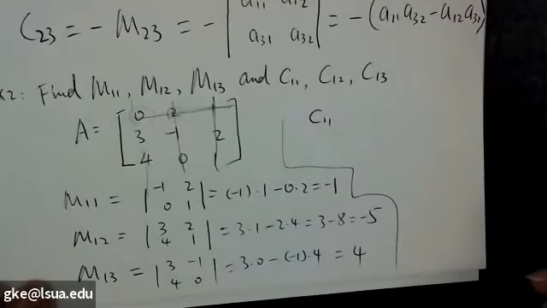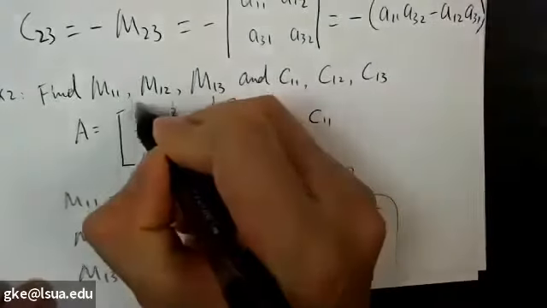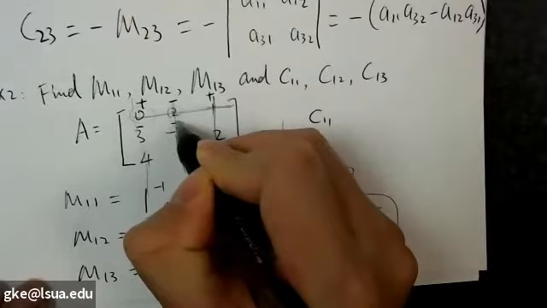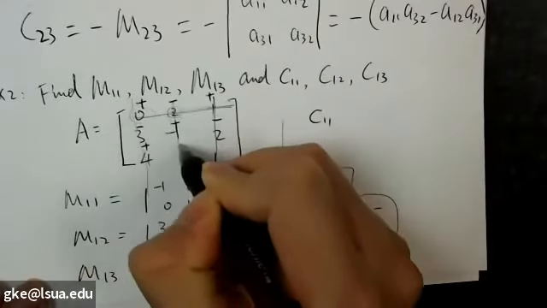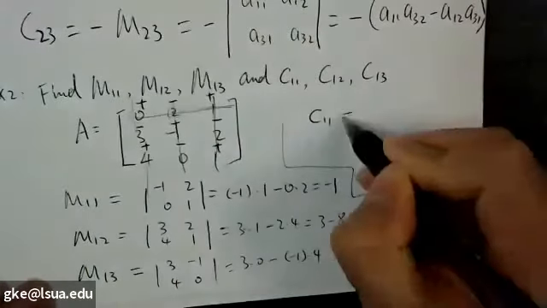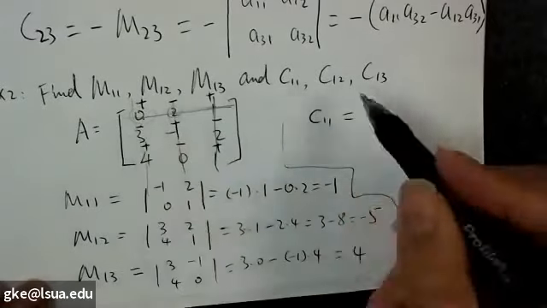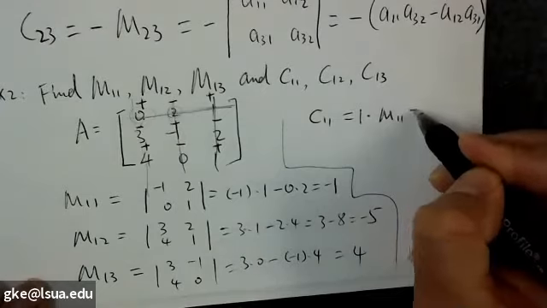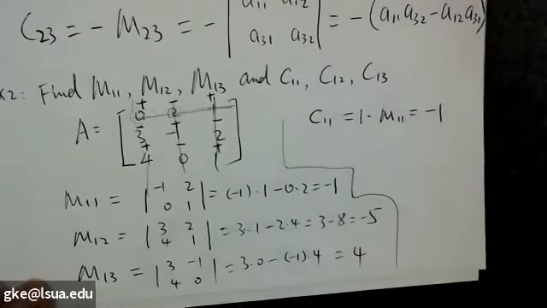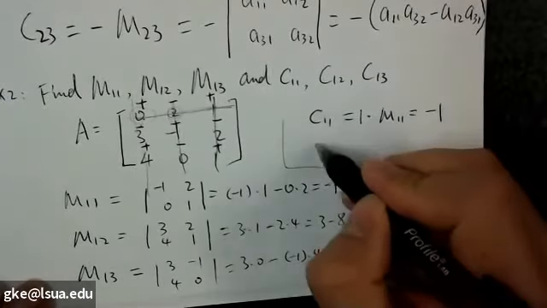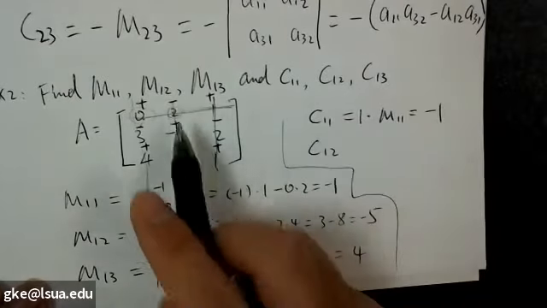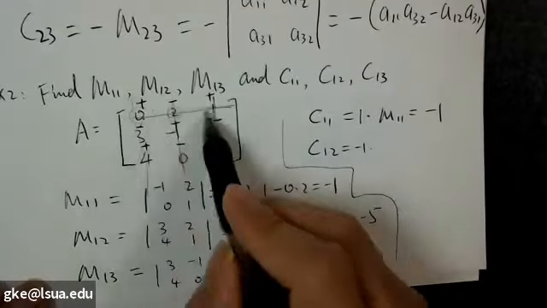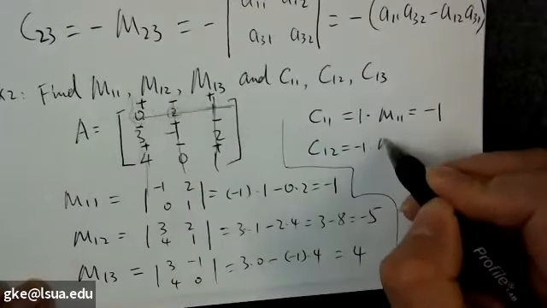Now for C11, how to calculate C11? Put the sign on the top. For C11, the first one is positive times M11, and M11 is -1. And C12 is a negative times M12.